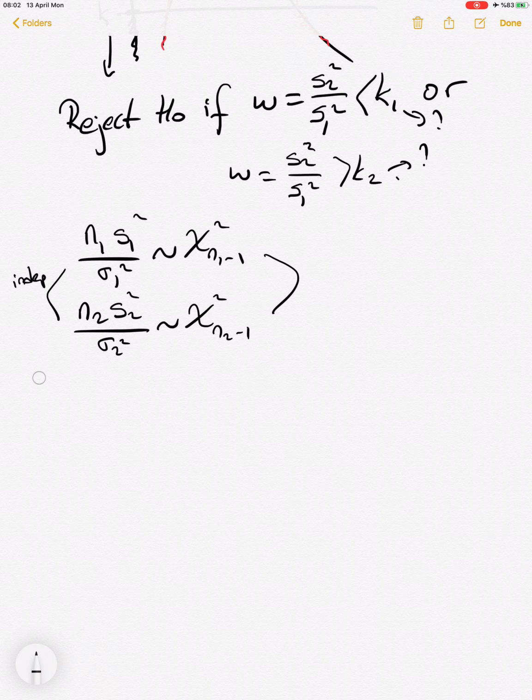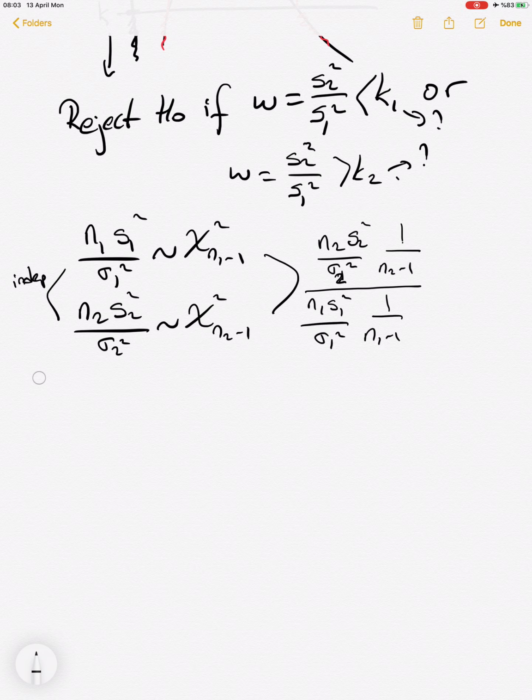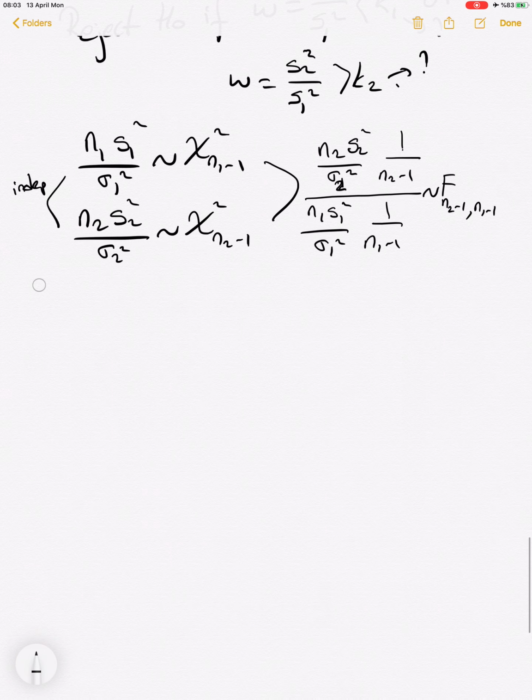So when we combine these, in the statistic we have sigma 2 square over sigma 1 square. So let's write the second term in the numerator, n2 S2 square over sigma 2 square divided by its degrees of freedom, and do the same thing here. Oh, sorry, this should be sigma 2 square, and sigma 1 square here, 1 over n1 minus 1. So this should be distributed as F with n2 minus 1 and n1 minus 1 degrees of freedom, right?